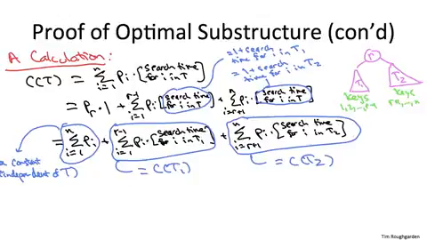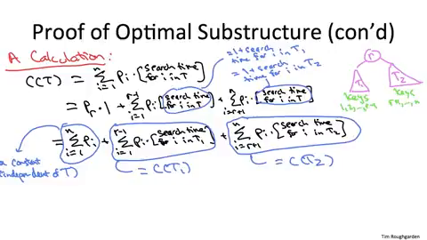So we did this computation with the purportedly optimal search tree capital T in mind, but if you think about it, you look at this algebra, this applies to any search tree you like. For any search tree, the weighted search cost can be expressed as the sum of the p_i plus the weighted search cost of the left subtree of the root plus the weighted search cost of the right subtree of the root.